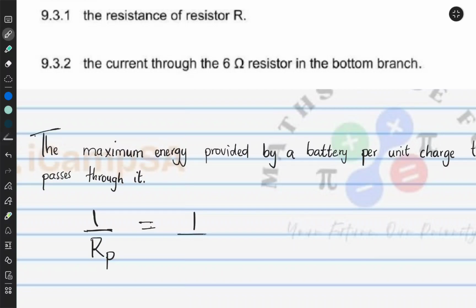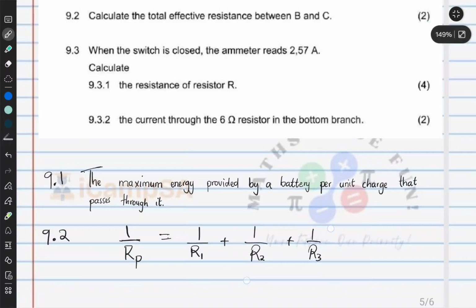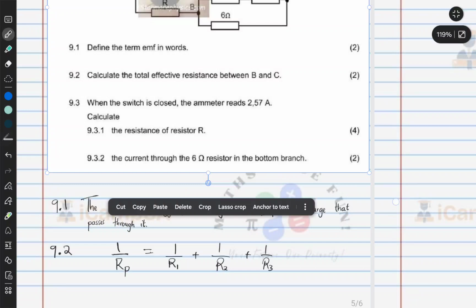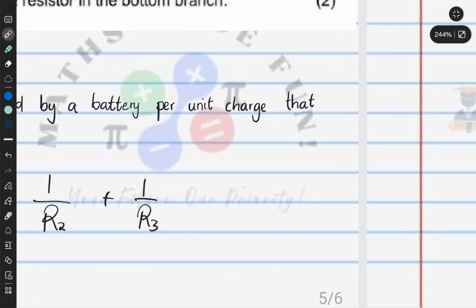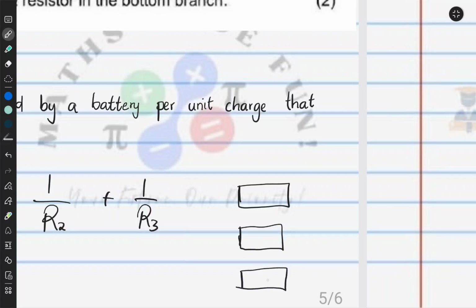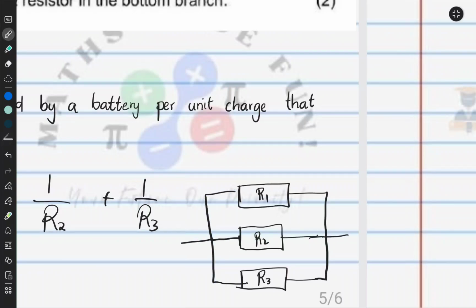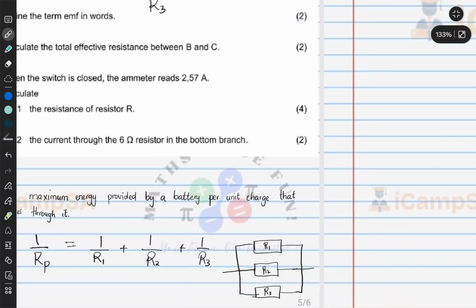Some people make the mistake of saying 1 over R1 plus 1 over R2 plus 1 over R3, right? This would be correct if these resistors were connected like this, R3, R2, and R1, each directly in parallel.